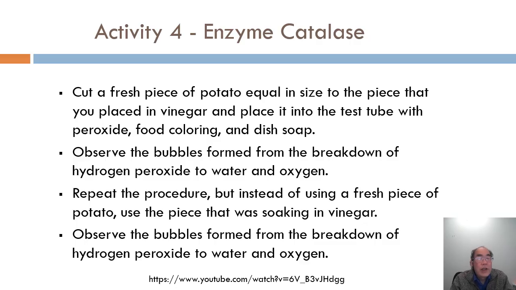You'll have a cup of peroxide, food coloring, and dish soap, and you'll add the piece of potato that was soaking in the vinegar. Okay, and then you'll observe the amount of bubbles formed. Okay, and the bubbles forming is the oxygen gas that the catalase is creating by breaking down the hydrogen peroxide.